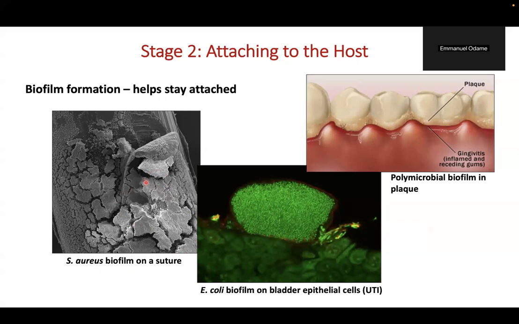And here, this is an E. coli biofilm on a bladder epithelial cell. And then the most common one we all know is the polymicrobial biofilm, plaque on your teeth. Everybody has it, but how extreme it is depends on your oral hygiene.